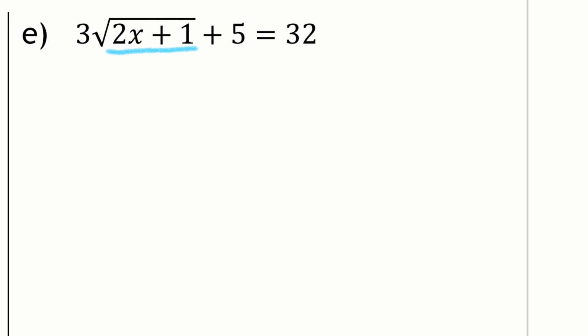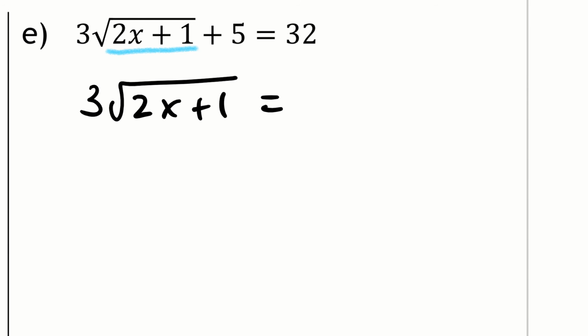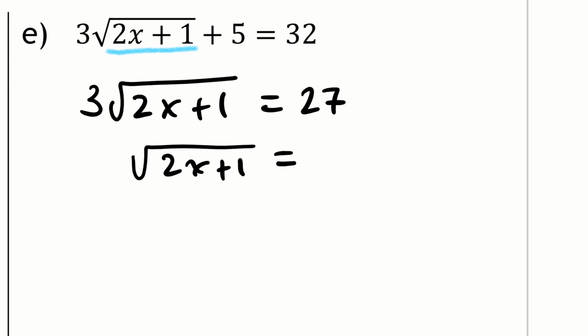So I'm going to subtract 5 from both sides. This is going to become 3 times the square root of 2x plus 1. And if I take away 5 from 32, that gives me the number 27. And then if I divide both sides by 3, I get the square root of 2x plus 1 must be the number 9.